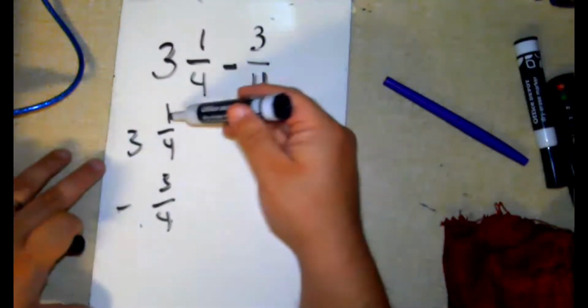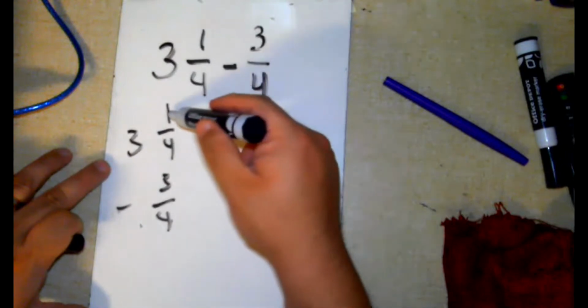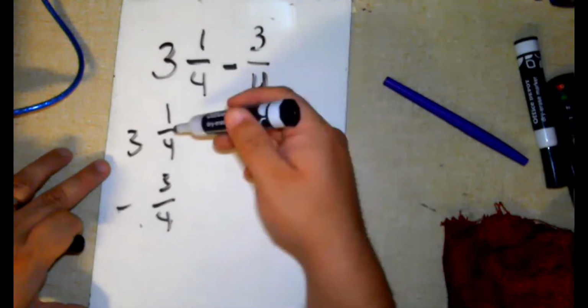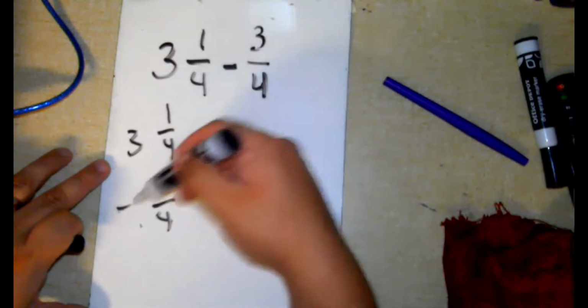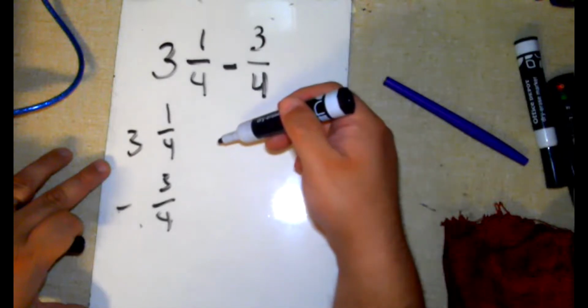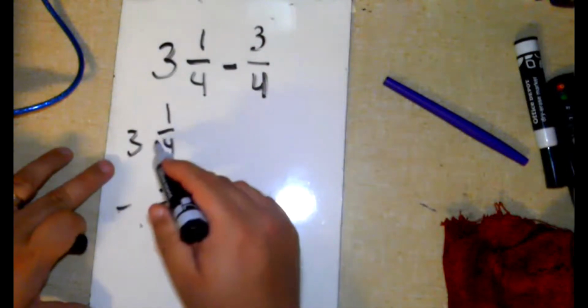Can I subtract? Well, I still got my common denominator. Okay, that's good. Can I subtract 1 from 3? No, you can't. So what can I do? Well, I can convert this to an improper fraction and subtract it and move on.